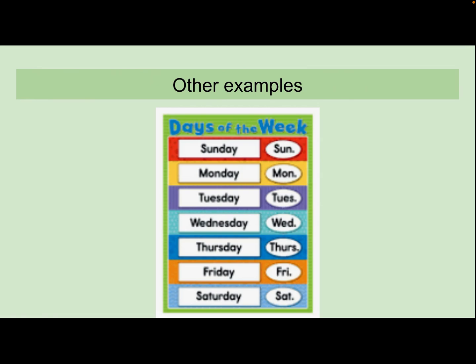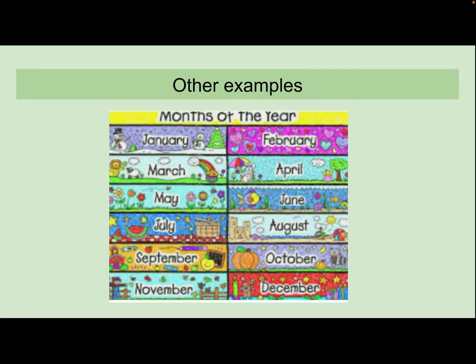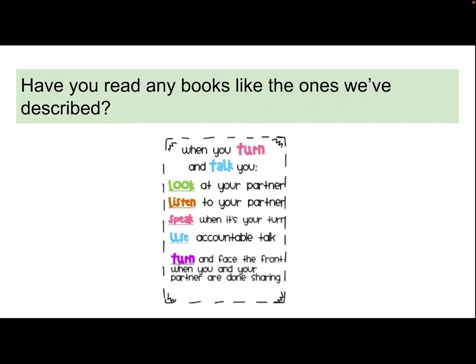No matter where they start, there's a sequence or order that the days must go in. Another way that an author might put things in order is by months of the year. No matter where they start, they have to go in order with the months.